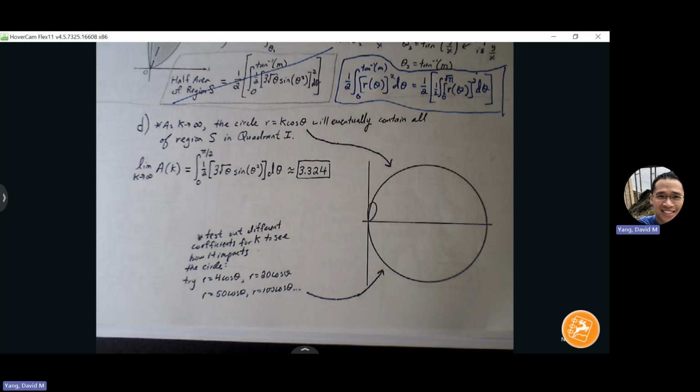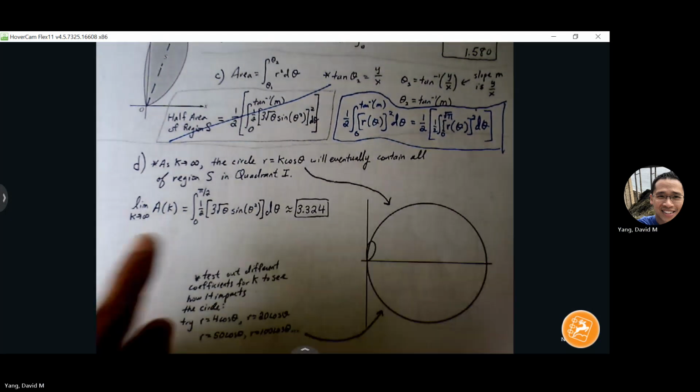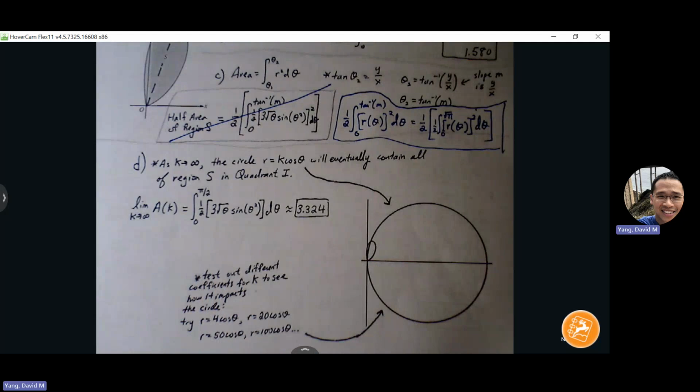And so everything up to pi over 2 will be covered from region S. So eventually, that circle will cover this entire area from 0 to pi over 2. Now, we know that from pi over 2 to root pi, this region will still be left untouched because the circle will never bleed into the second quadrant.